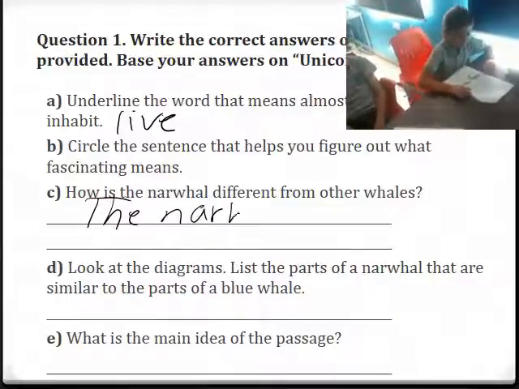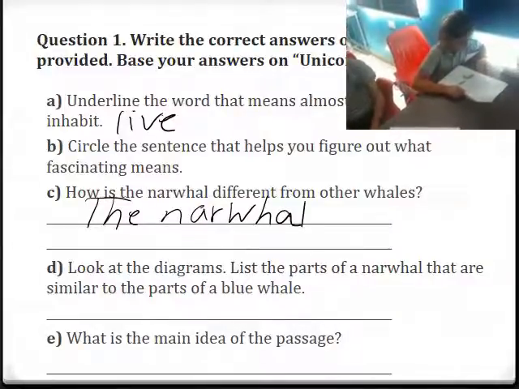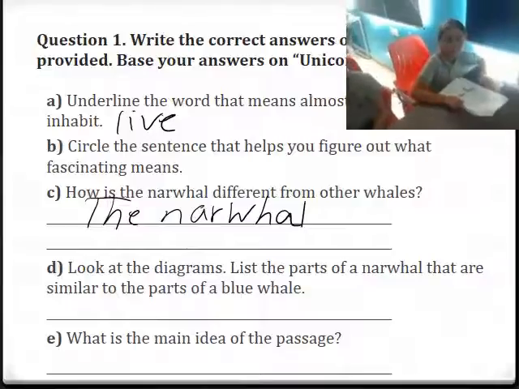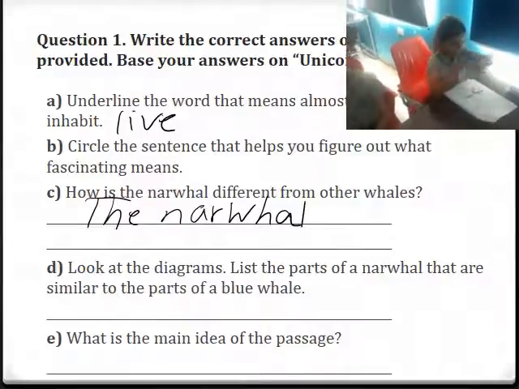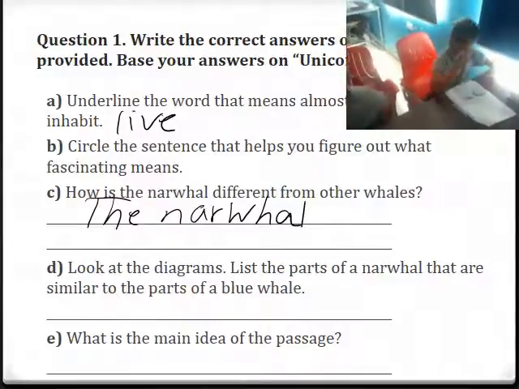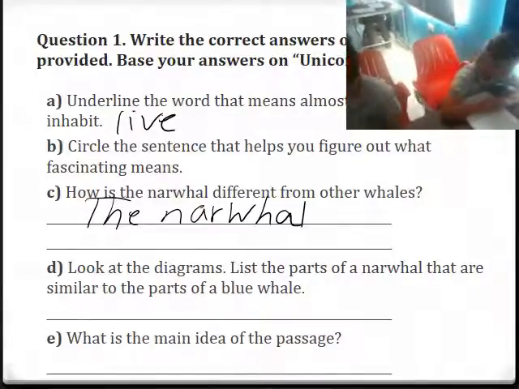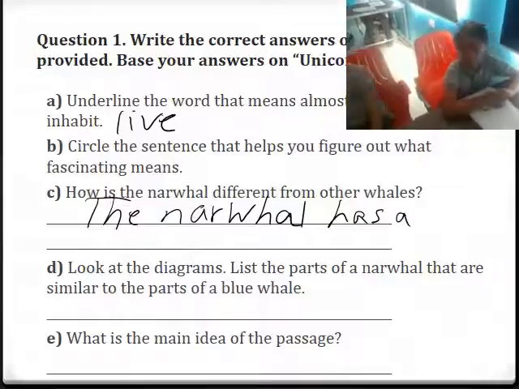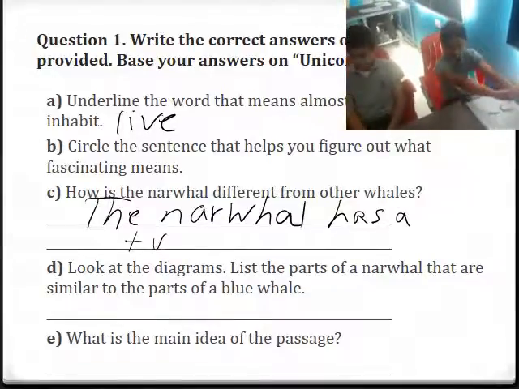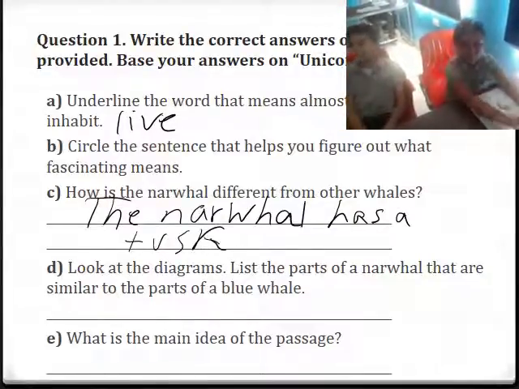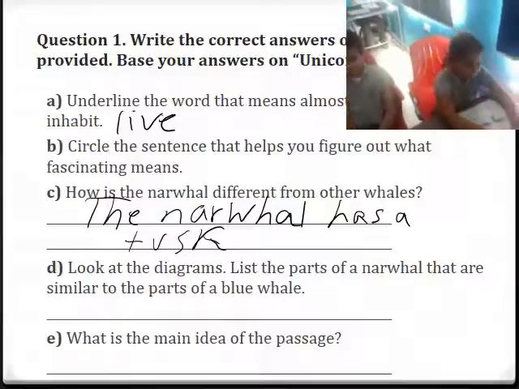The male grows a tooth. So what is something that a narwhal has and other whales don't? It has a tusk. Okay, so the narwhal has a tusk.